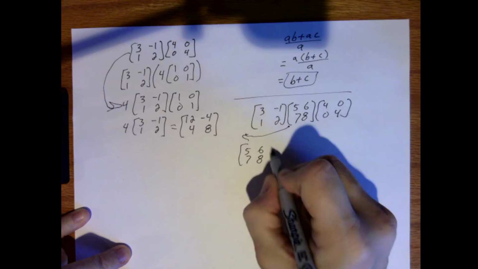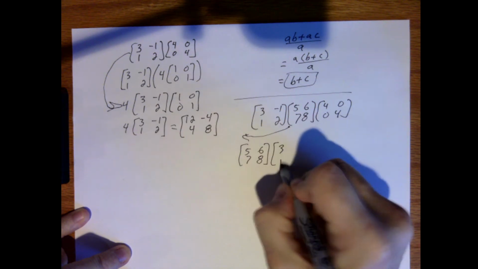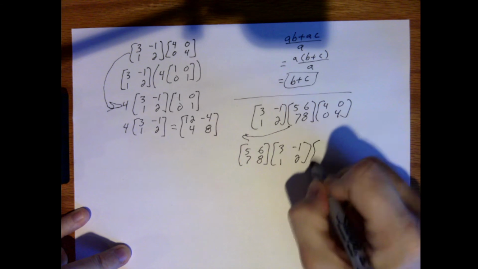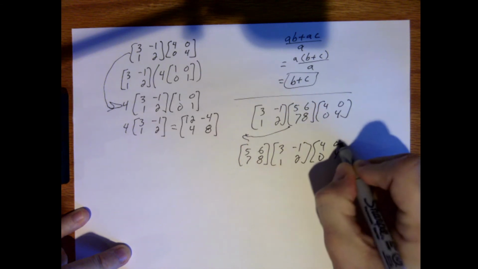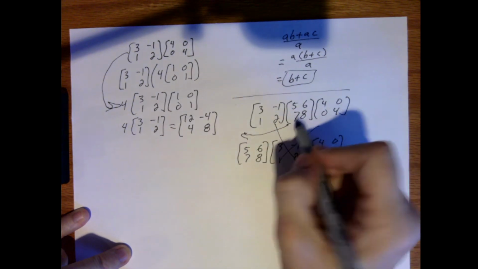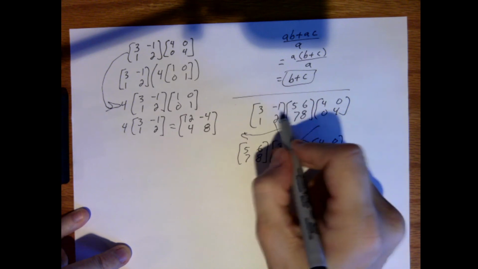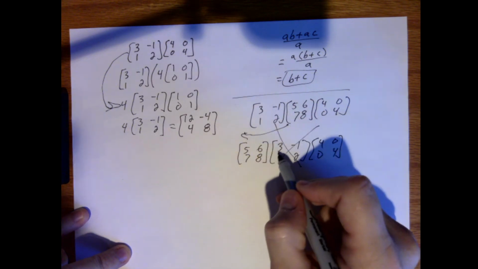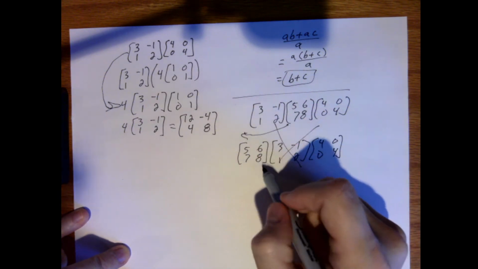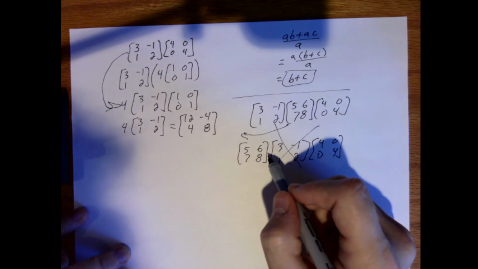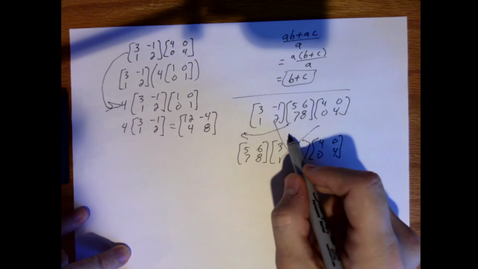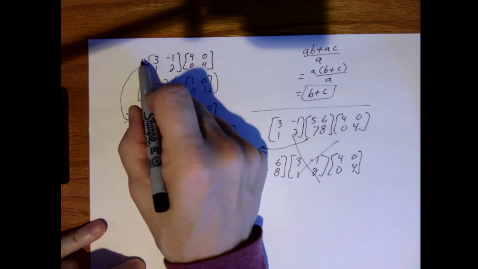And that was 7 and 8, not 78. I can't do this because that's commuting or changing the order of these two things, which, as we've already seen, can change the actual answer. So this is not legal. But this is. I'm just pulling out a factor.